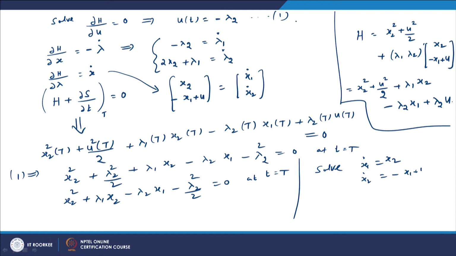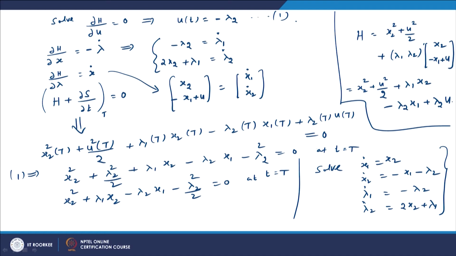So, we substitute this u as minus lambda 2, and then lambda 1 dot equal to minus lambda 2 and lambda 2 dot is 2 x2 plus lambda 1. So, it is the coupled equation that is to be solved.